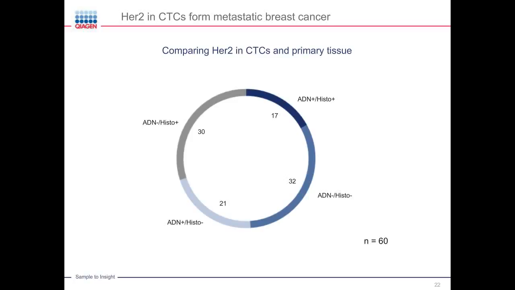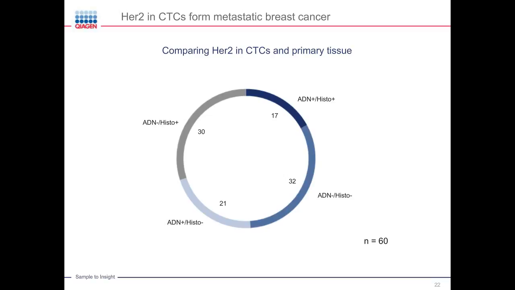How can we address such cells, or how can we say that? The first finding we had in that view is that we found even in 2006 already that there is a difference if we analyze tumor tissue and the CTCs, for example regarding HER2.